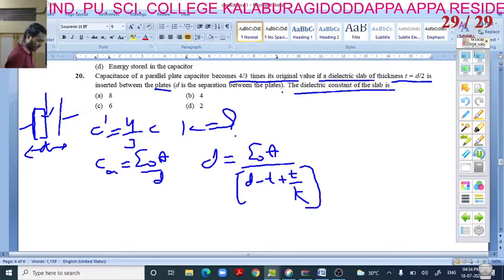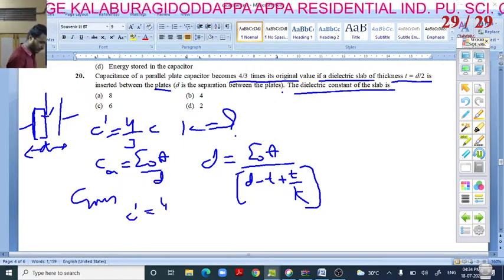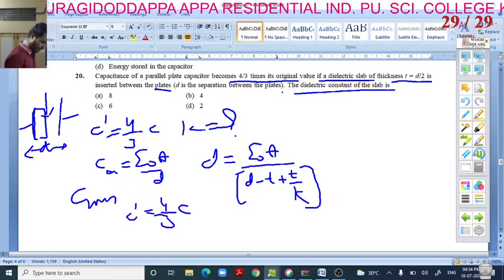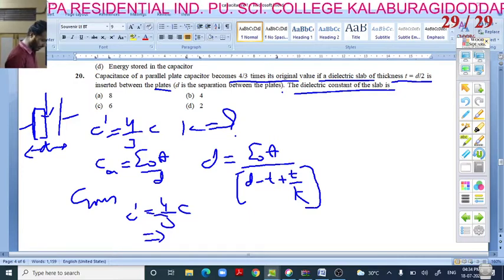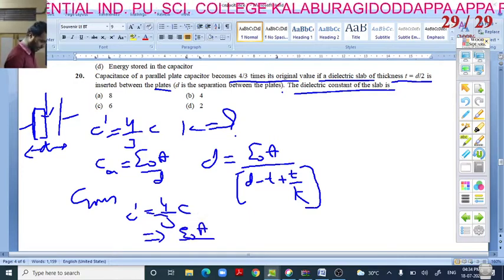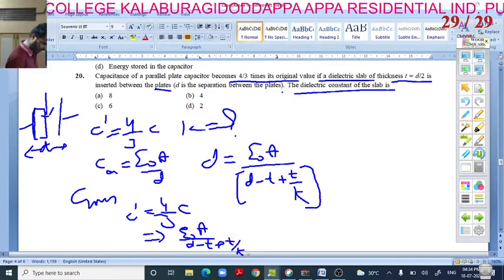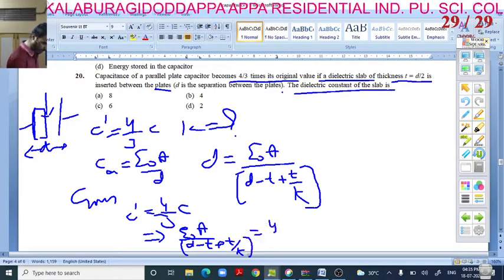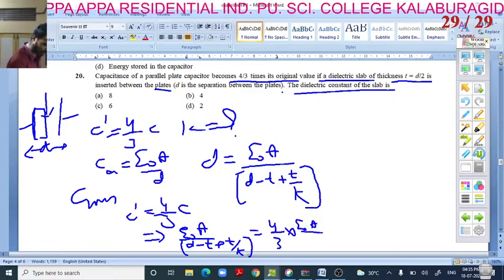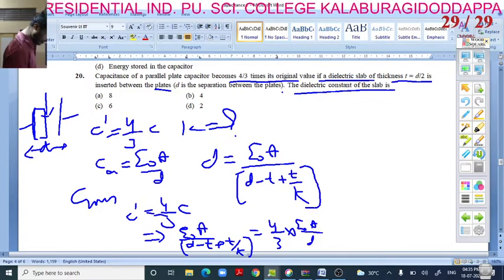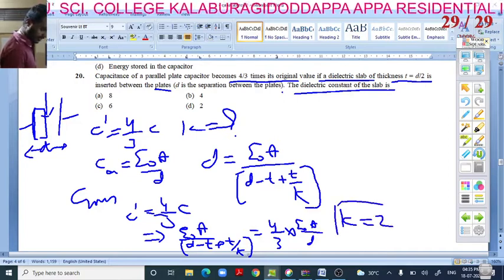Given already, C dash is equal to 4/3 times of C. So epsilon A divided by D minus T plus T by K is equal to 4/3 times of C. C means epsilon A divided by D. Simplifying, we will get K is equal to 2.